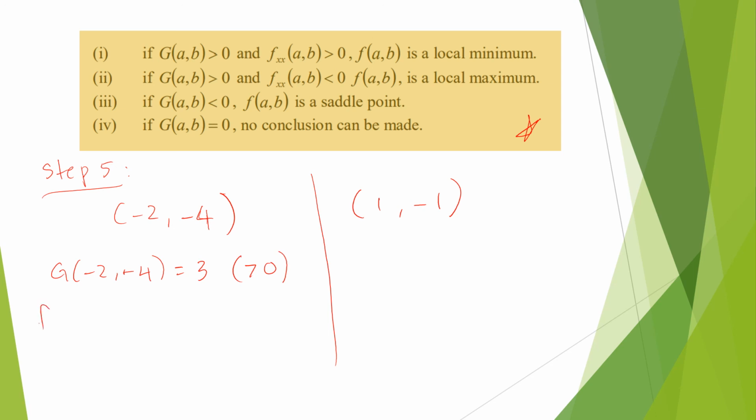And fxx at this critical point, we calculated before, which is -4, which is less than 0. This concludes that f(-2, -4) is a local maximum value.